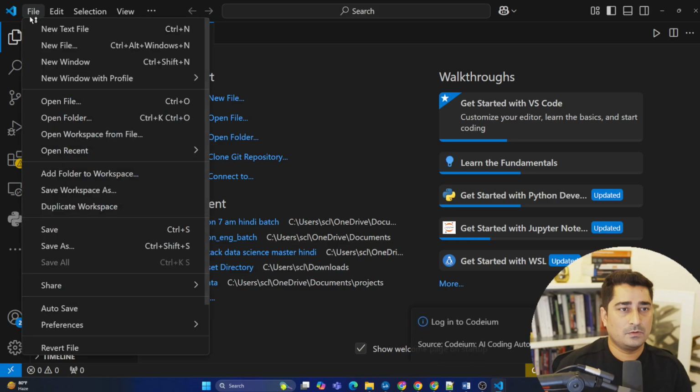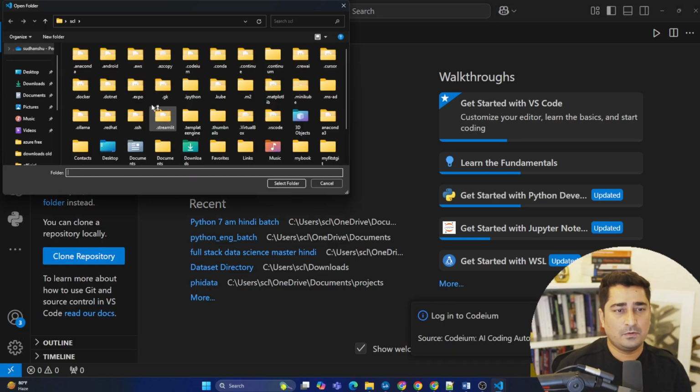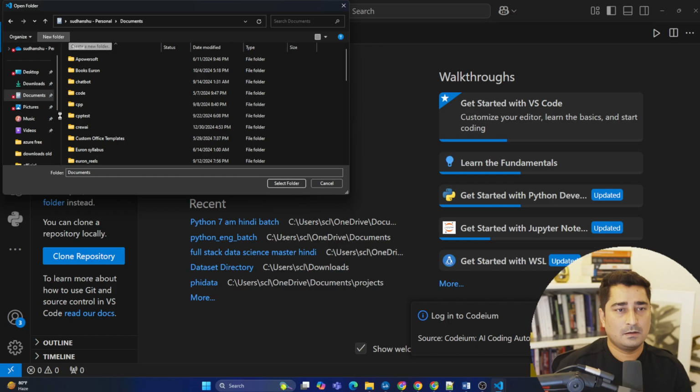Okay, so VS Code and then open folder. Again stuck.